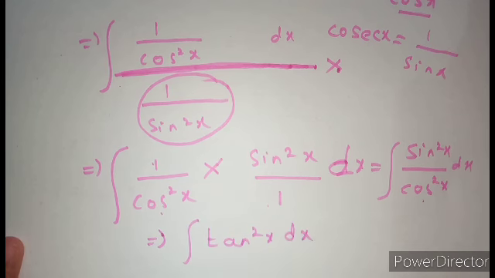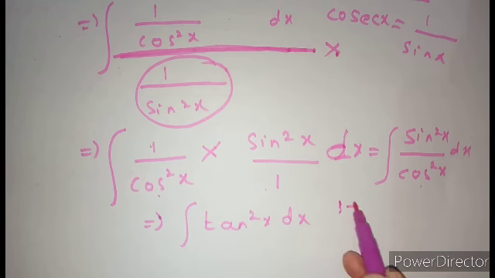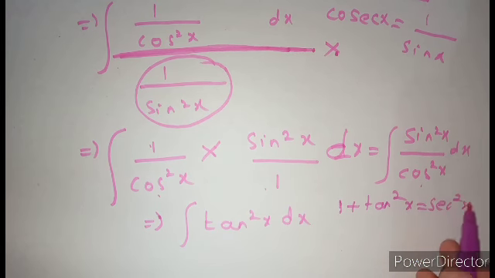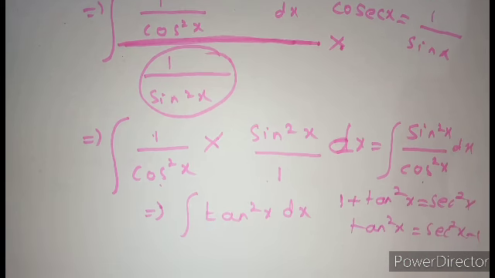Here we don't have the formula for the integral of tan square x. So try to use a formula. We have one formula, 1 plus tan square x is equal to secant square x, right? So tan square x is equal to secant square x minus 1. So try to substitute here, secant square x minus 1 into dx.